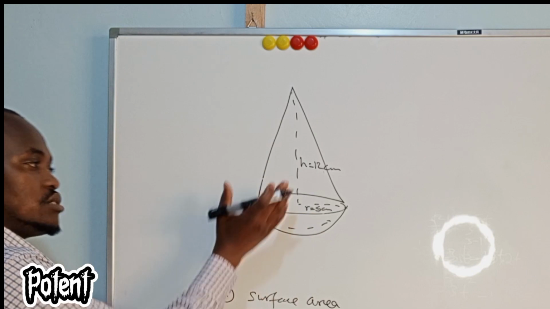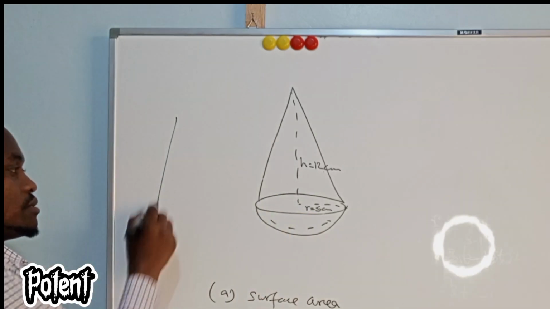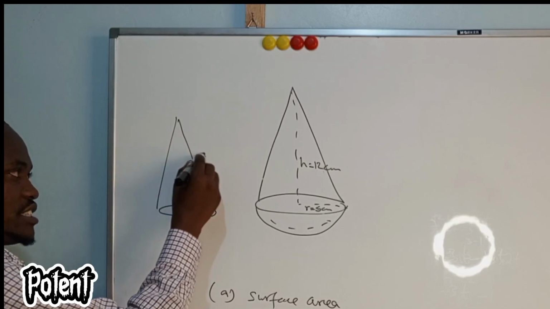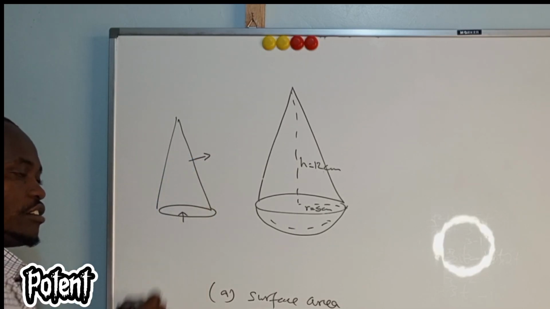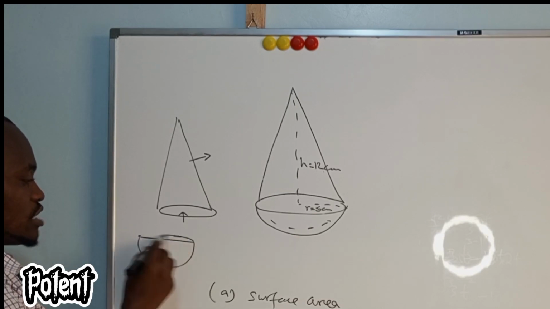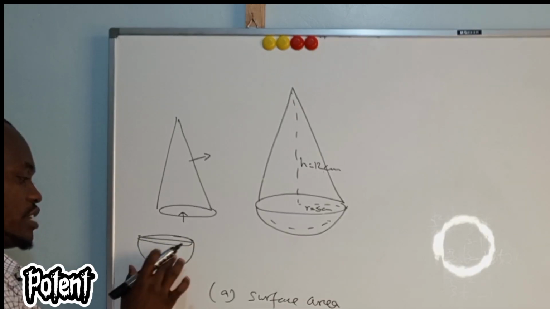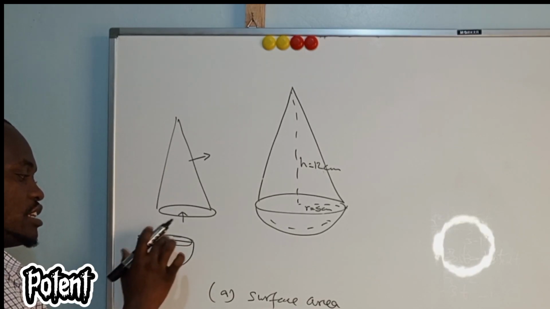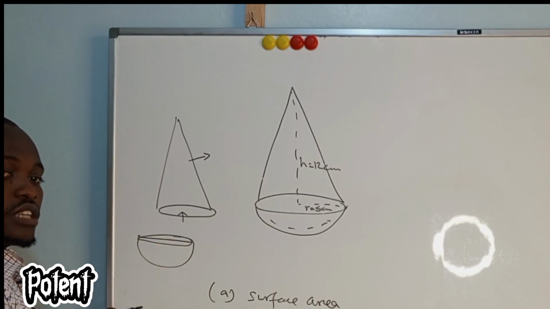But if it were separate, you are going to find the surface area of here and the surface area of this. And if the hemisphere was also separate, you are supposed to find the surface area of the hemispherical part, and then of this circular part.